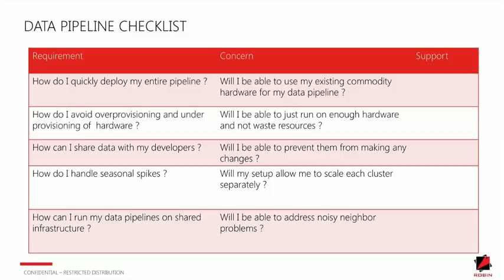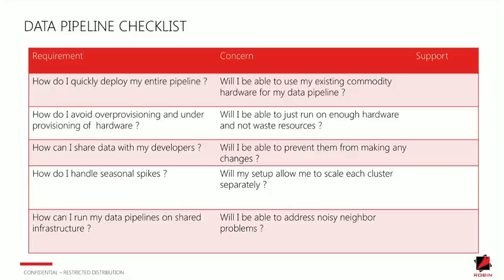But as Christmas time is done, they want to take those compute resources out and bring the data pipeline back to its normal state. So the question is, even if I allow you to scale, will your platform allow you to scale each of your data pipeline components independently of each other?